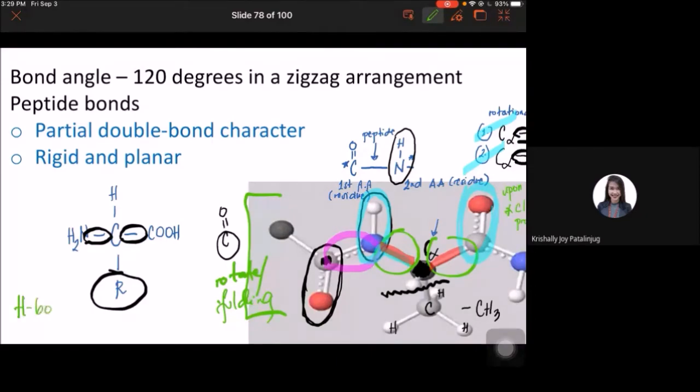Malaki ang chance na kung umikot ang isang peptide chain, mag-fold ang peptide chain, hydrogen bond will be formed. So take note ha, kapag nagkaroon ng rotation, it will cause eventually formation of hydrogen bonds.